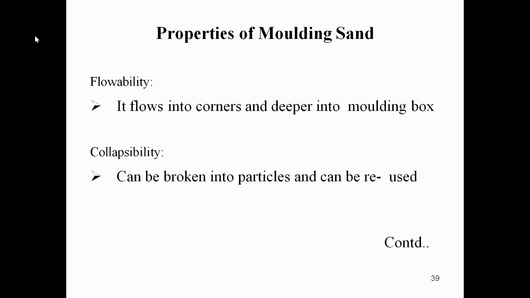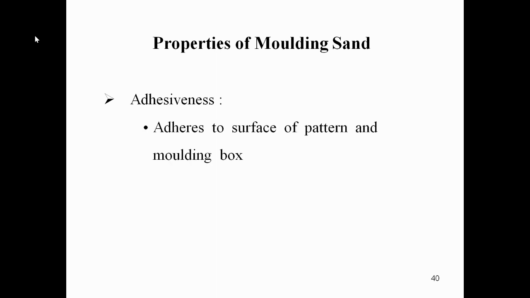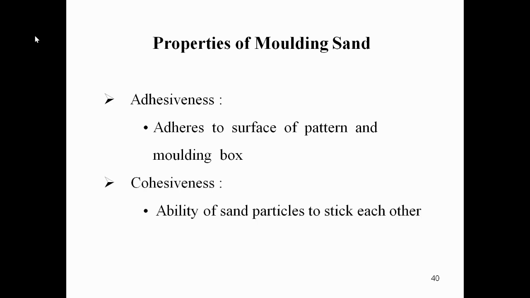It can be broken into particles, and the molding sand can be reused. Next is adhesiveness. It adheres to the surface of the pattern and molding box. Cohesiveness is the ability of sand particles to stick to each other.